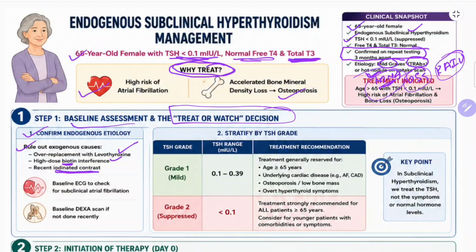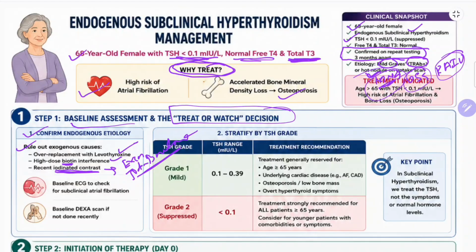Iodinated contrast recently, for any angiography: if the patient has undergone that, the thyroid will take up excessive iodine and secrete excessive thyroid hormones, that is the Jod-Basedow effect. So that will cause hyperthyroidism, temporarily.